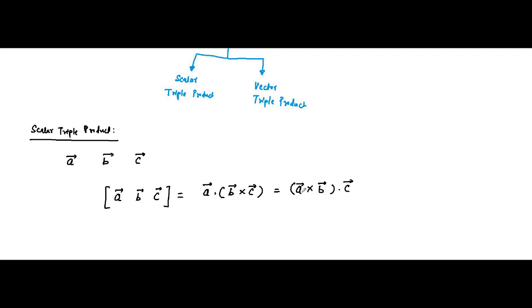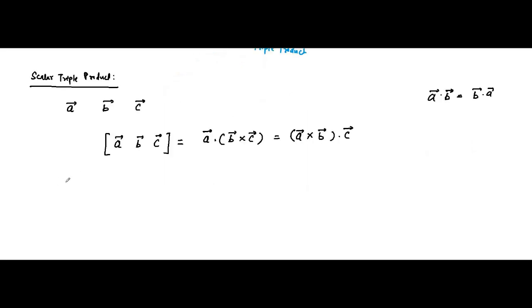It obeys this principle because dot product is commutative, that is A vector dot B vector is the same as B vector dot A vector. So if we do this, we'll get the same result either way. So let us try to prove it. Okay, so here let's say A vector is A1 i cap plus A2 j cap plus A3 k cap.